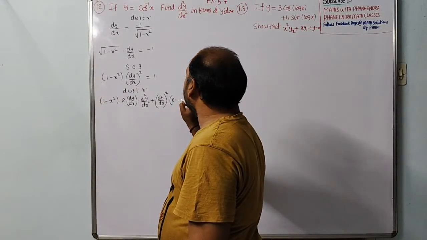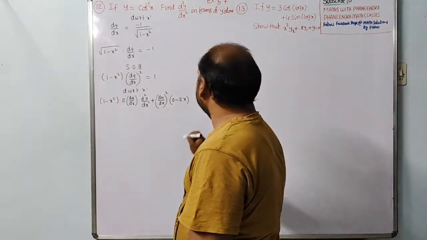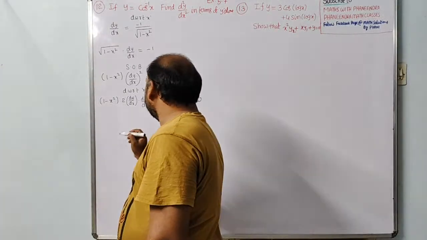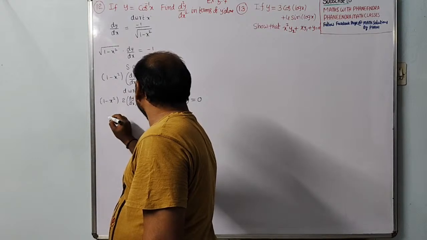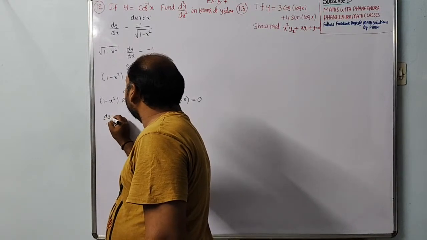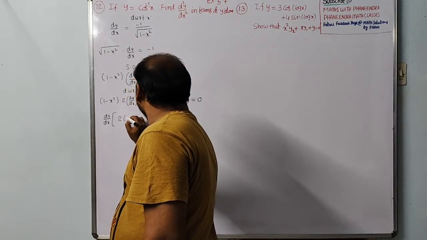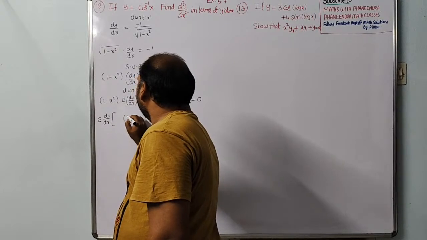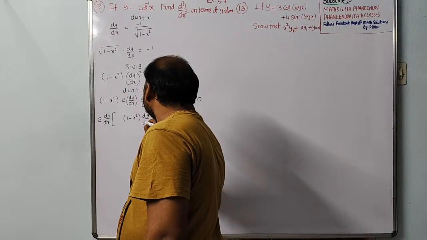So the constant's derivative is 0 and the derivative of x square is 2x, equal to 0. In these two terms, take dy by dx common and bring it outside. Even 2 also bring outside, not a problem. 1 minus x square into d square y by dx square.